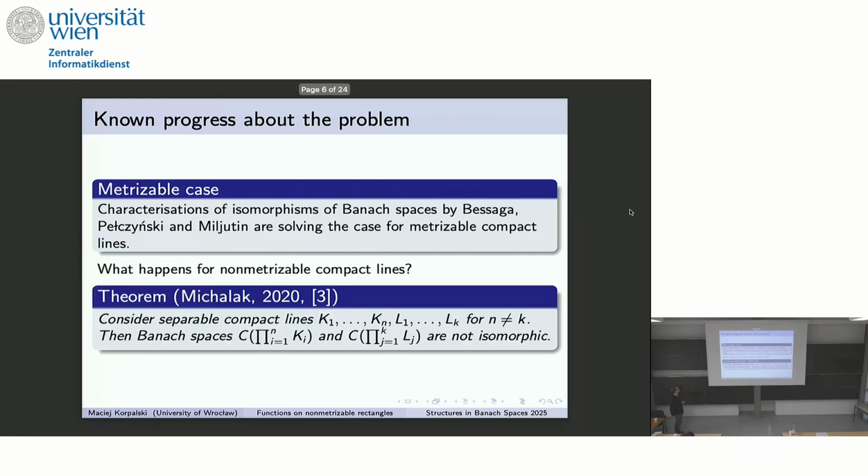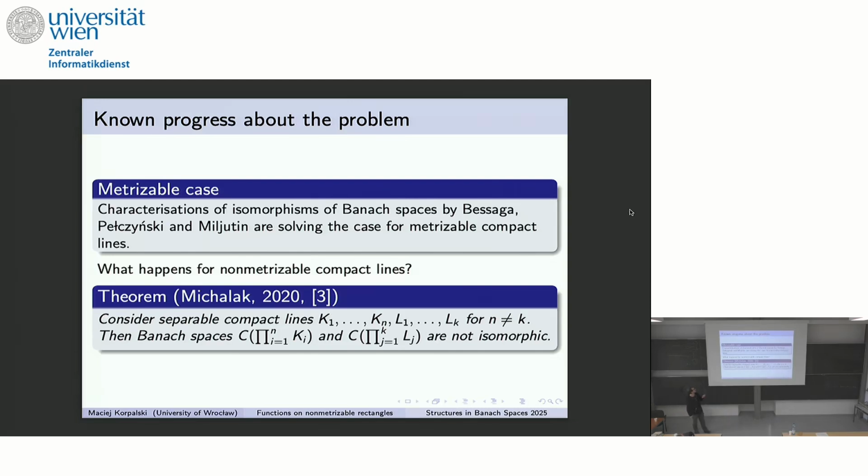There is this theorem from 2020 by Michalak, which is a very nice result for separable compact lines, that if we have a different amount of them, so we have n lines here, k lines here, and n is different than k, then such Banach spaces cannot be isomorphic. This is very, very interesting.